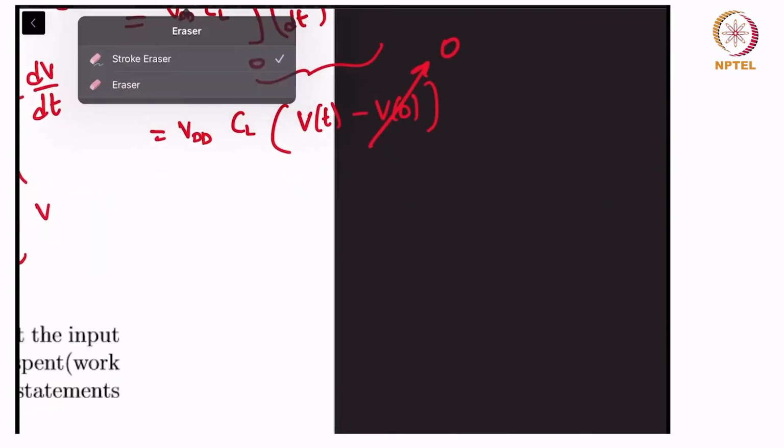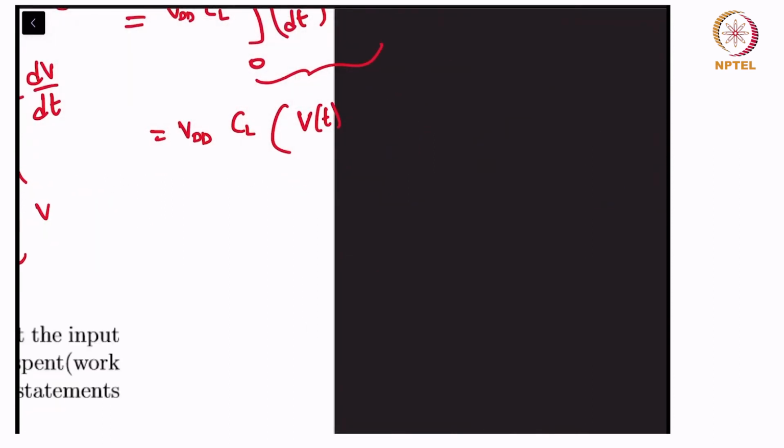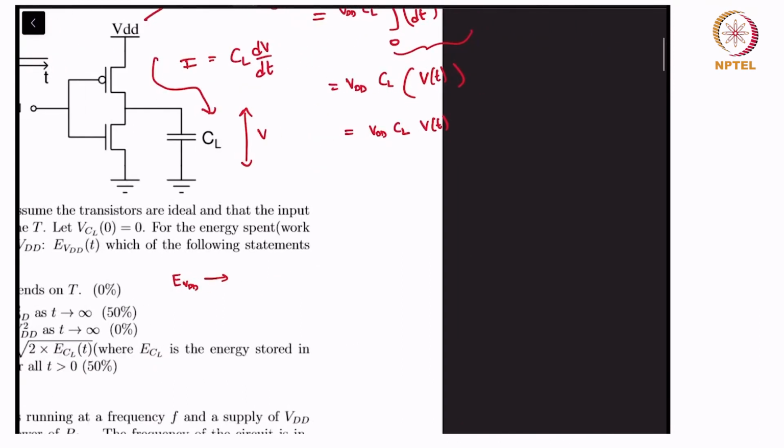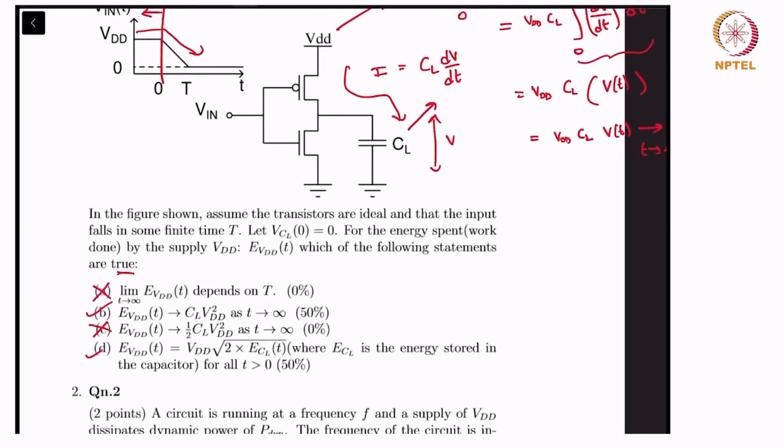So that goes away, and what you're left with is VDD CL V of t. In the limit, since the capacitor is charging up, this will become VDD square CL as t tends to infinity. So there's no dependence on the t parameter here. Therefore this is wrong.